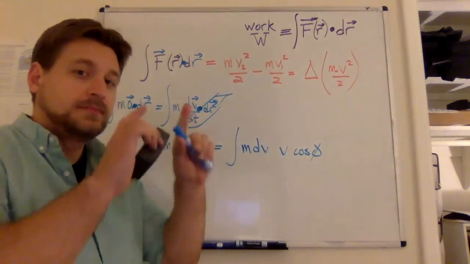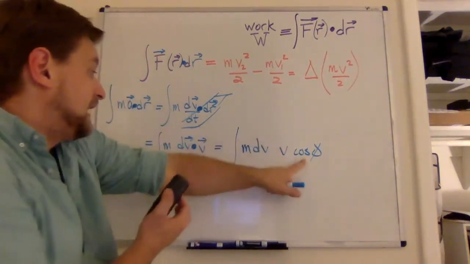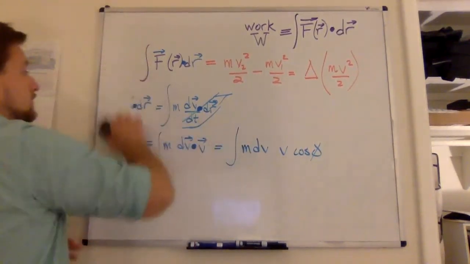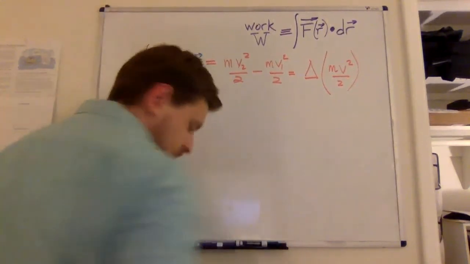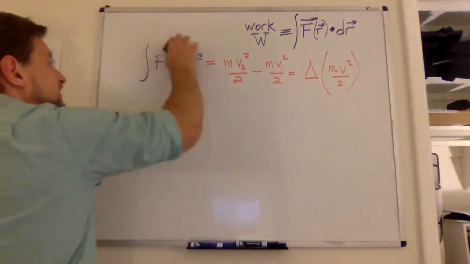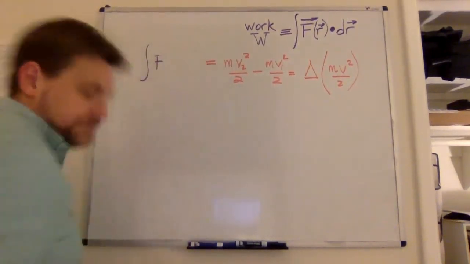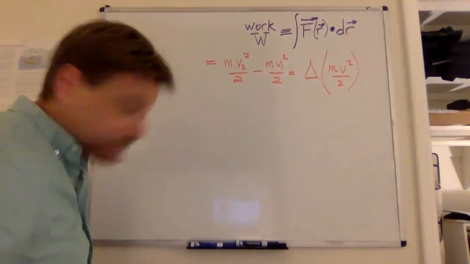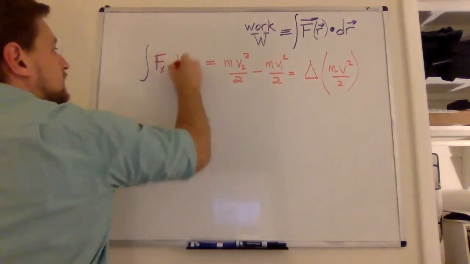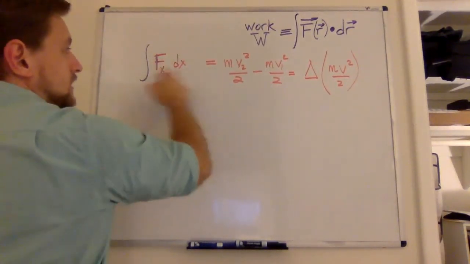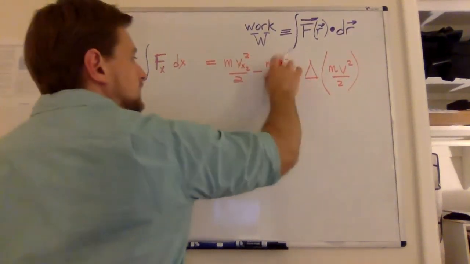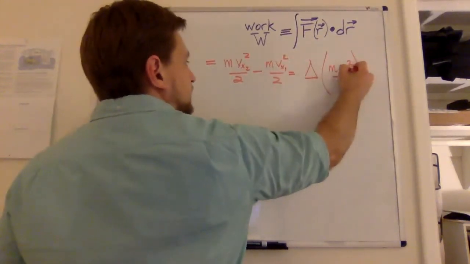Okay. That doesn't feel great. Let me go back and talk about just x. So this was fx dx equals that, Vx2 minus Vx1, delta Vx.